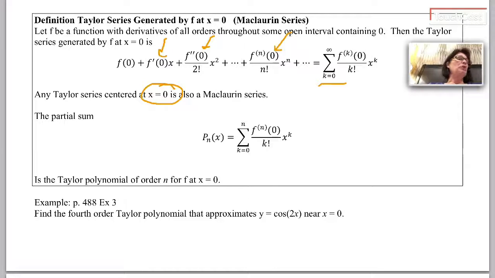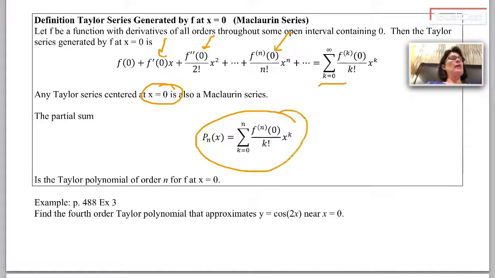Again, this is called a Maclaurin series. And if you decide that you don't want infinitely many terms, you're going to chop off your polynomial after some number of terms; we're going to talk about how to make a good decision later. On the AP test, they'll typically tell you, write a fourth degree or write one with 3 terms. Then you would just stop after n terms. That's called the Taylor polynomial of order n.